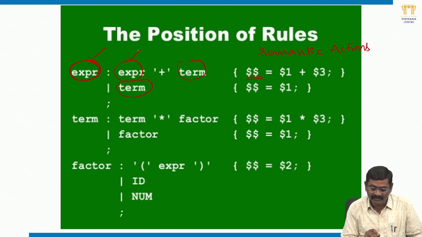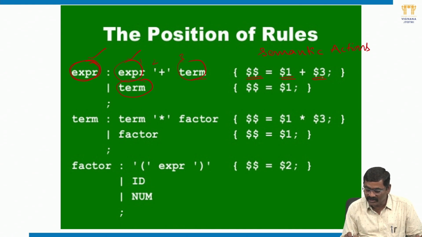Similarly, this is the next non-terminal after the colon. So this is the first non-terminal, EXPR. The first term can be represented by $1, followed by plus. Plus is a terminal, so whenever a terminal happens, it can be taken as it is. Next one is the term. Term is a non-terminal, so whenever a non-terminal happens, it can be represented by the positional characters, that is 1, 2, 3.